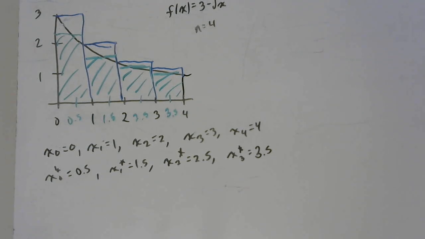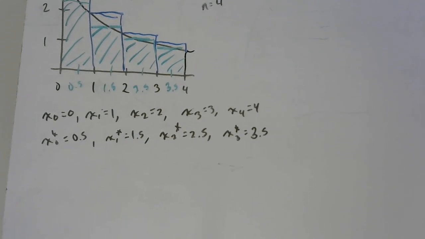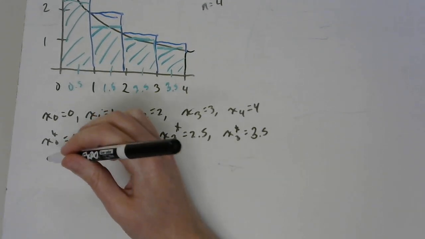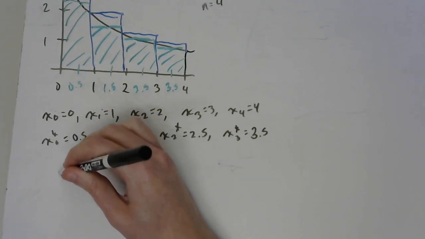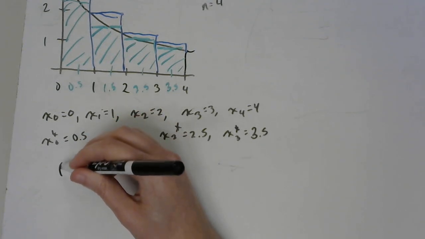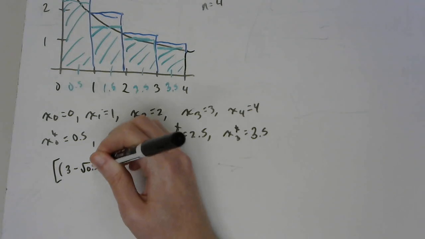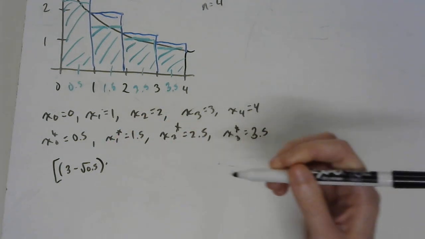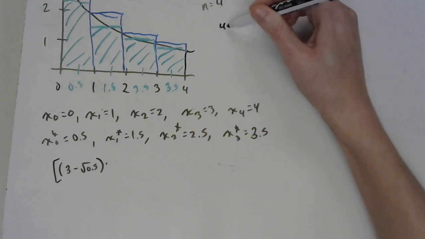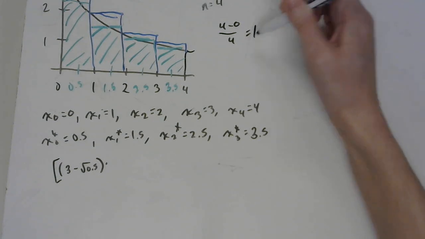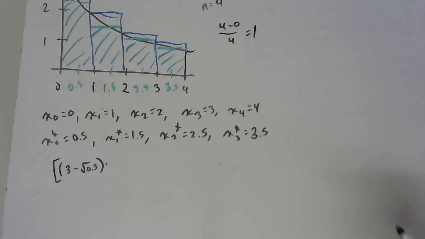And then if I want to find my sum, I need to substitute all those in and add them together. So we would look at f of 0.5, 3 minus square root of 0.5, times delta x. Here my delta x, as established, is going to be 1.